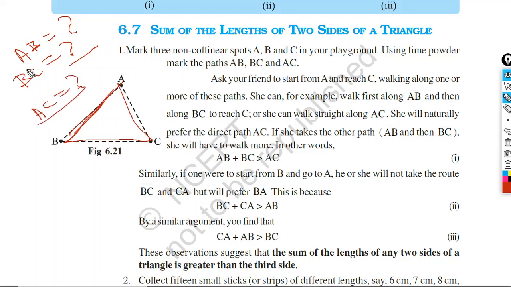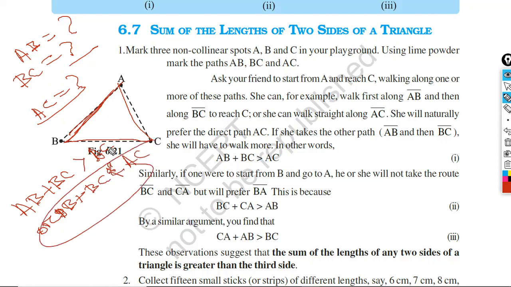Now after finding length of AB, BC and AC, you please check whether AB plus BC is greater than AC or AB plus BC is less than AC. You have to check it out. Okay, so you will check and you will find that AB plus BC will be greater than AC and not less than. Okay, so please check it at least for three triangles and make a table for it.